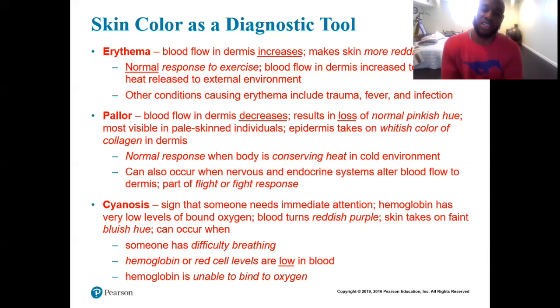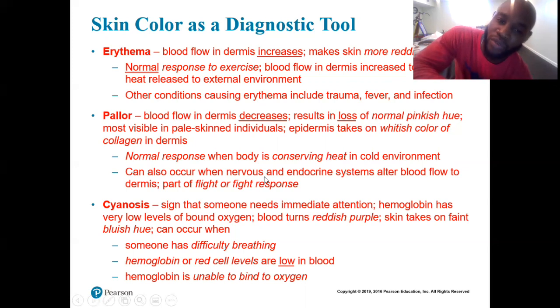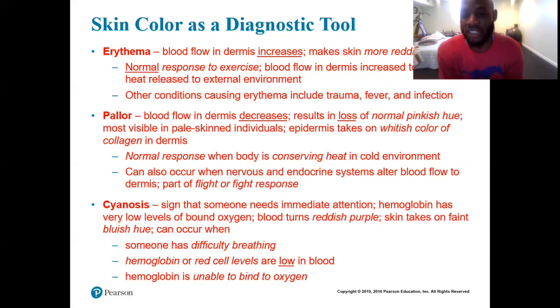All right, and you see here it can also be part of your fight or flight response, when your nervous and endocrine system alter the blood flow to the dermis. We'll talk about that when we talk about the nervous and the endocrine system. But think about it really quickly. If I'm going into fight or flight mode, like if I'm scared of something, say I'm walking down the forbidden path in Mount Airy, and a bear jumps out.